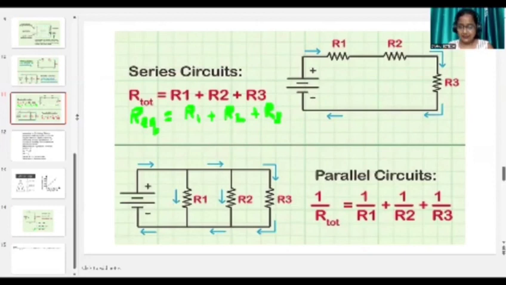But for parallel circuits, which are connected in parallel, different paths, how do we calculate the equivalent resistance? The reciprocal of the equivalent resistance will be equal to the sum of the reciprocals of the individual resistances. Okay.